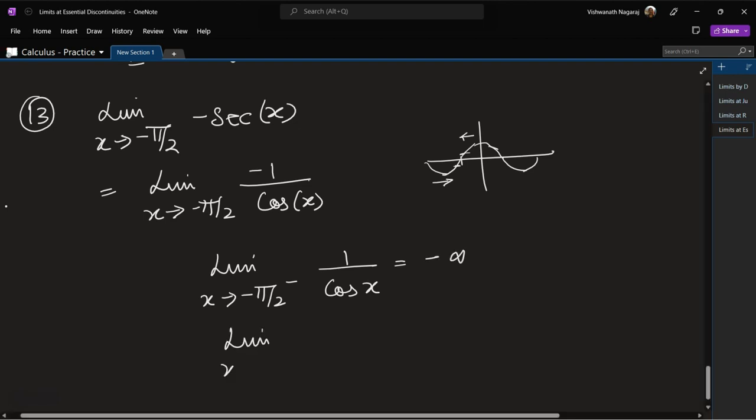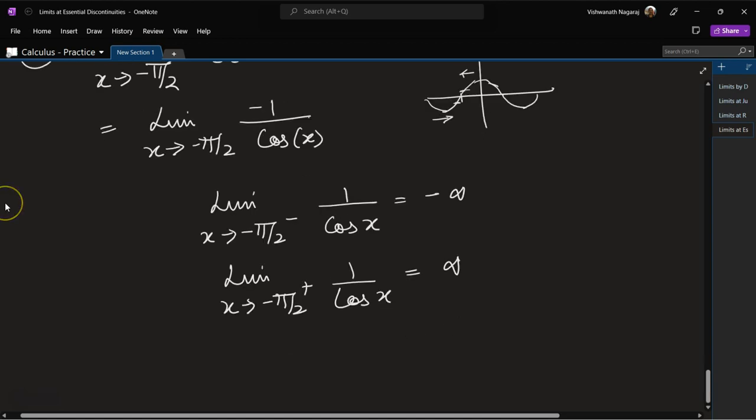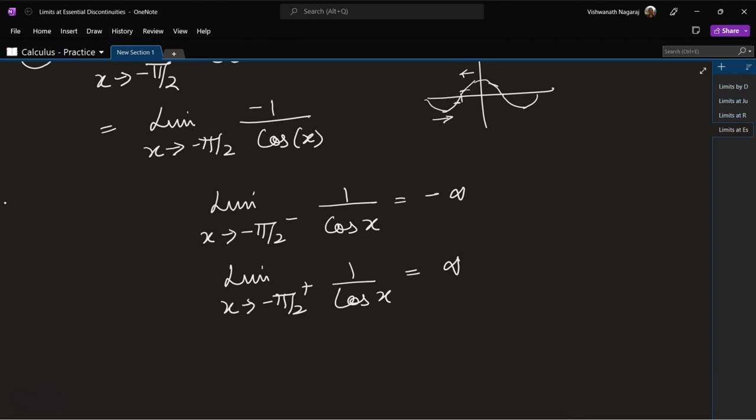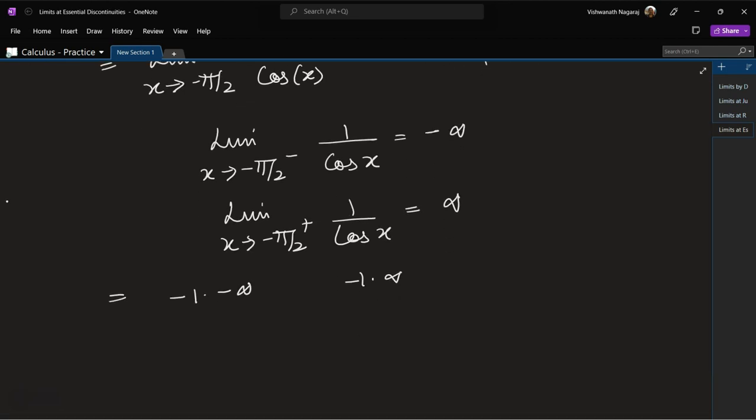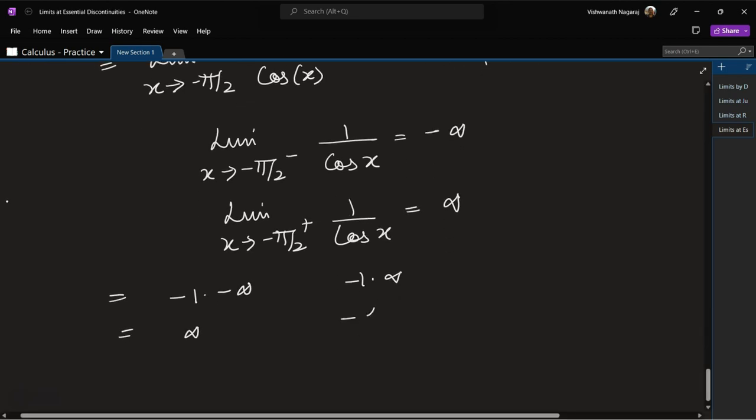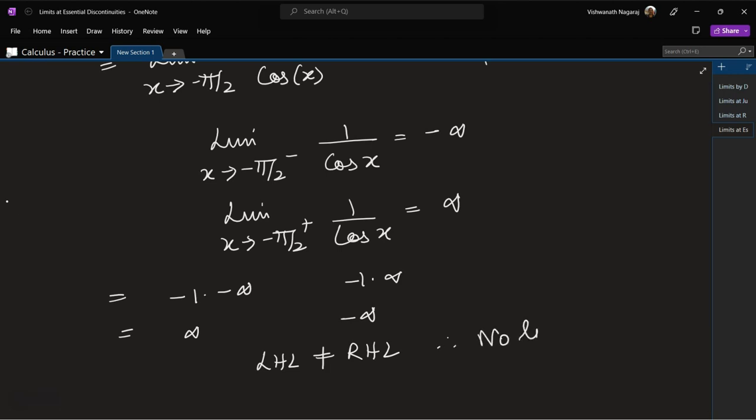Now limit as x approaches minus pi by 2 from the positive side of 1 by cos x would be equal to infinity. So which means we don't even have to bother with this minus 1, the numerator. But even if we take that, it will be minus 1 times minus infinity from the left hand side and minus 1 times infinity from the right hand side. So that means this will be infinity and this will be minus infinity, which means left hand limit is not equal to right hand limit. So therefore no limit exists.